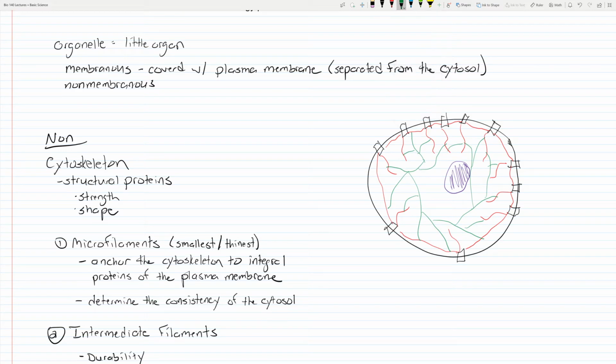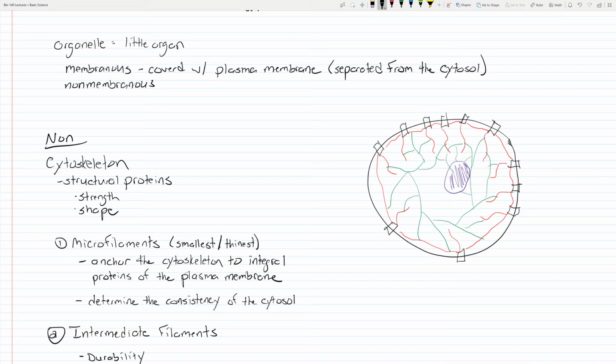They will anchor to the nucleus and hold it in place if need be. Okay, so that's an intermediate filament.